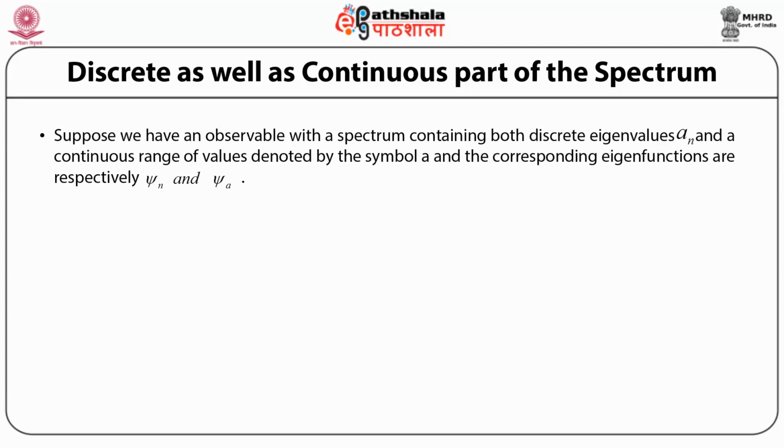Suppose we have an observable with a spectrum containing both discrete eigenvalues an and a continuous range of values denoted by the symbol A, and the corresponding eigenfunctions are respectively psi n and psi a. Thus we have operator A acting on psi n is equal to an times psi n, and operator A acting on psi a is equal to A times psi a.